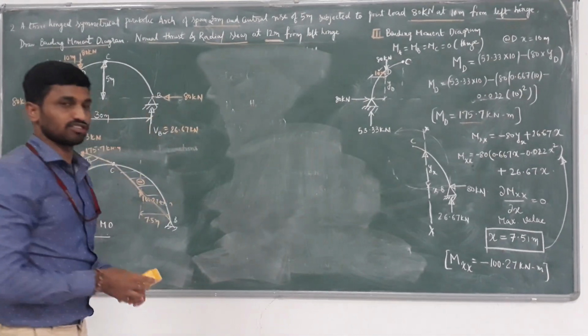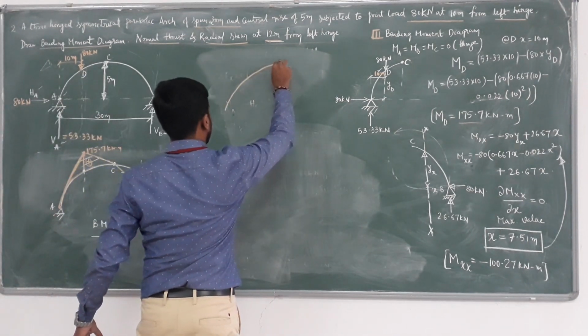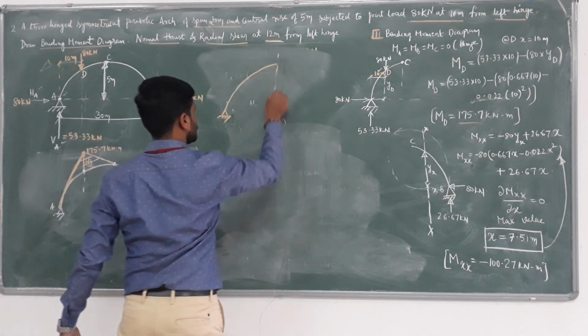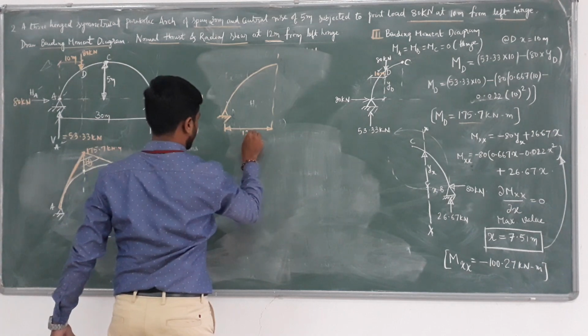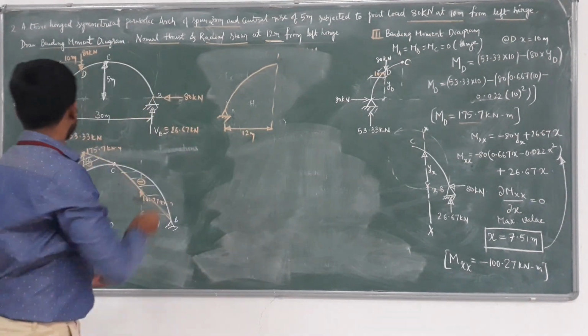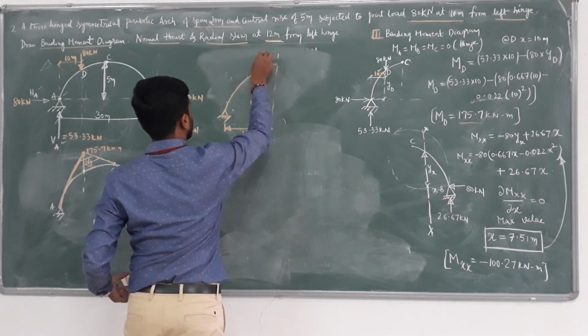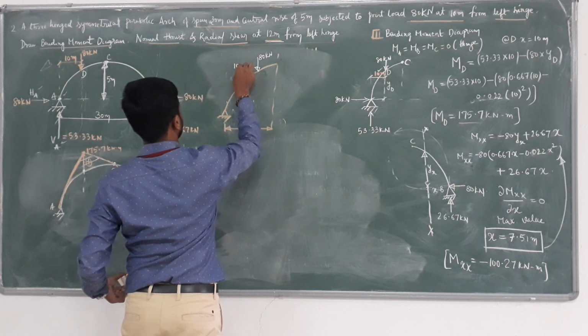For this calculation, it's a very simple calculation. From the left hinge, I will consider 12 meter length. Within this 12 meter, the 80 kilonewton load will also be covered because 80 kilonewton will act at 10 meters.